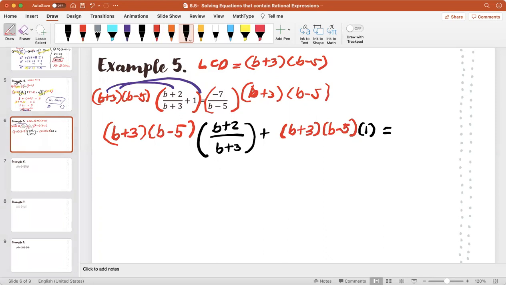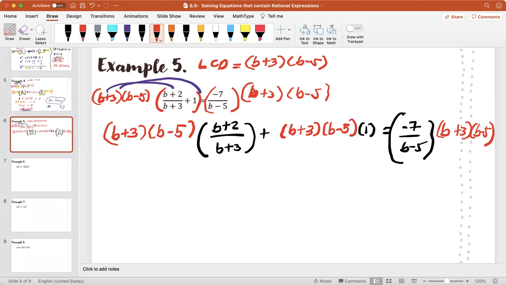Equals the same expression we have on the right. We have negative 7 over b minus 5. Multiply that by the same LCD, which is b plus 3 times b minus 5. It's good, we have enough space there.